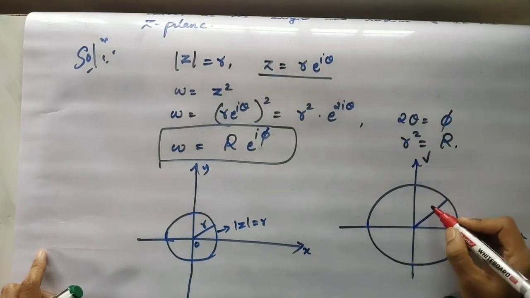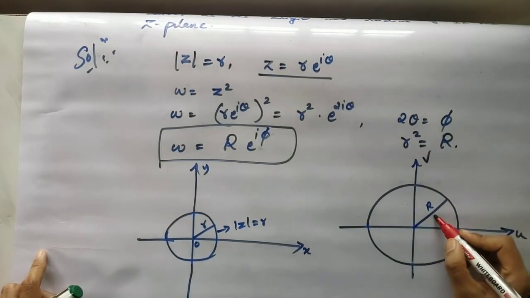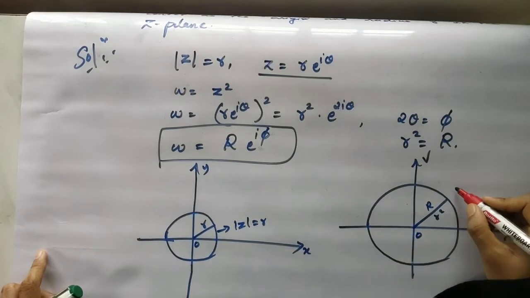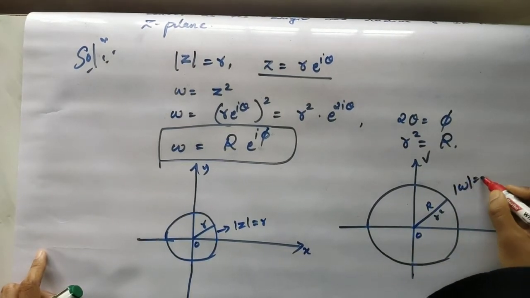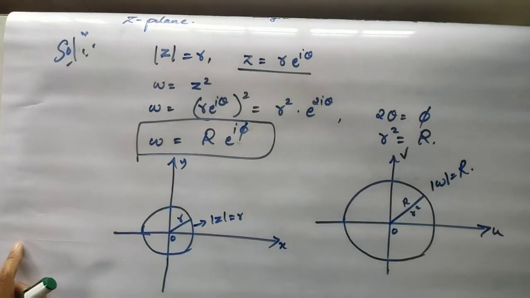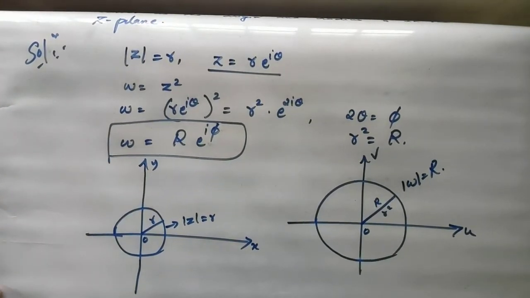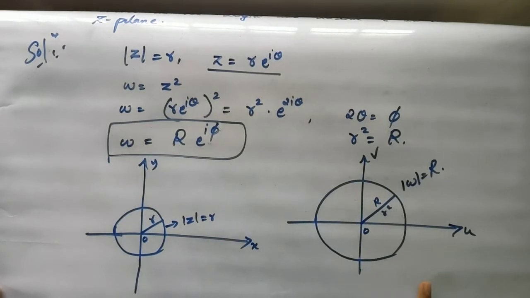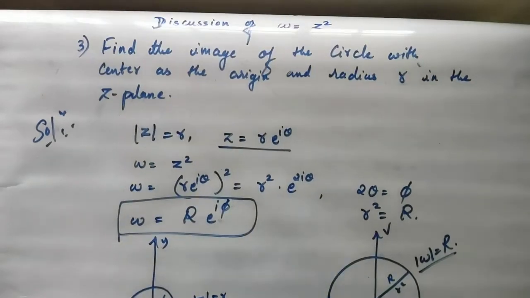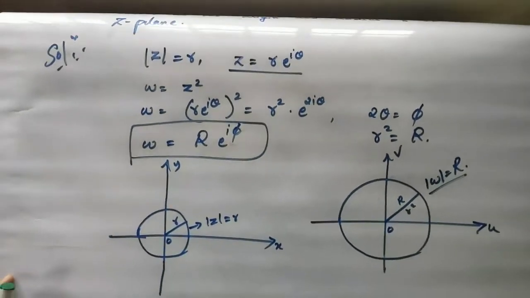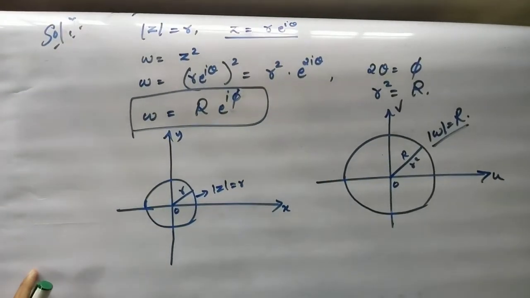This is capital R, which is small r squared also. This is mod w = R, which also represents the equation of a circle only, with center as the origin and radius capital R. So a circle is only mapped to a circle, so no need to go further. You can stop our discussion for circle transformation.